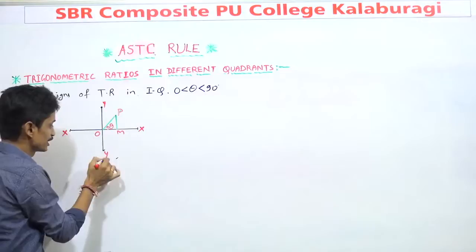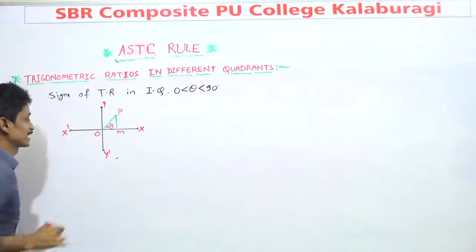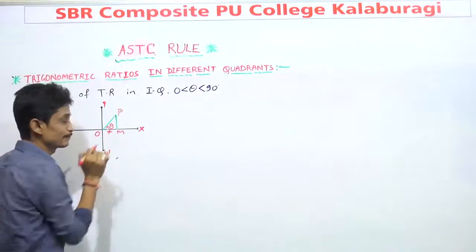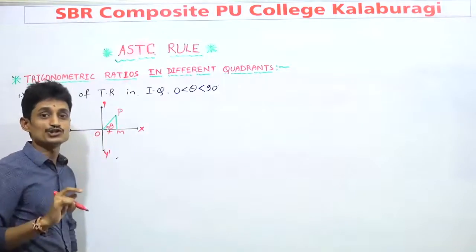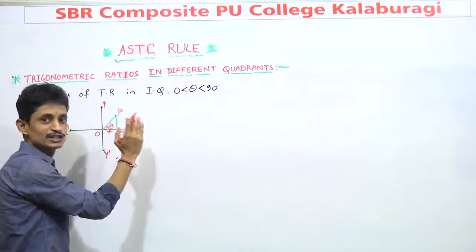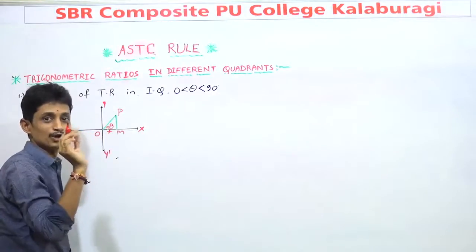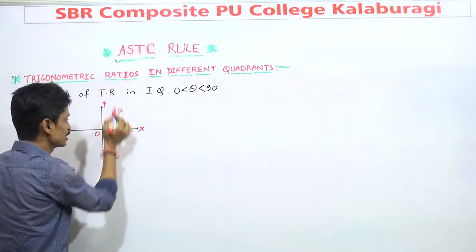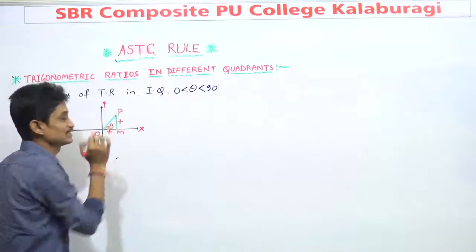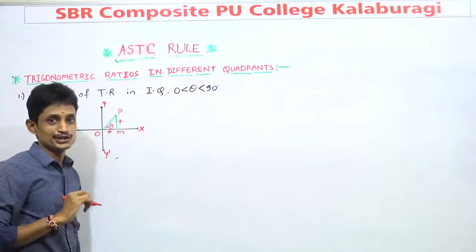Below the origin, y dimensions we take as negative. So here the OM dimension will give us a positive quantity because right hand side of the origin values are positive, and above the x-axis values we consider positive.